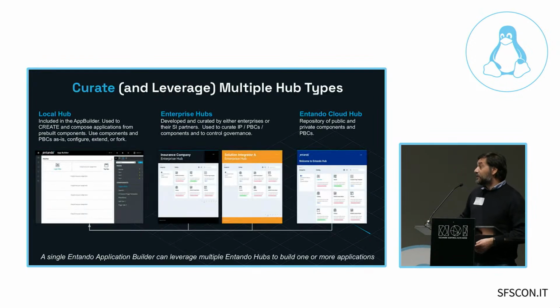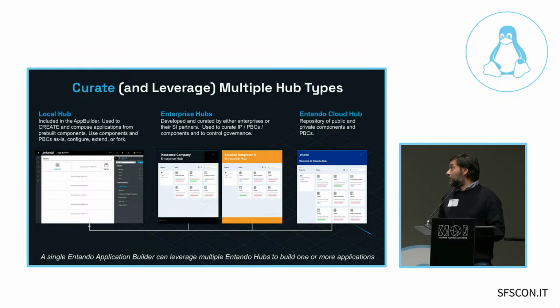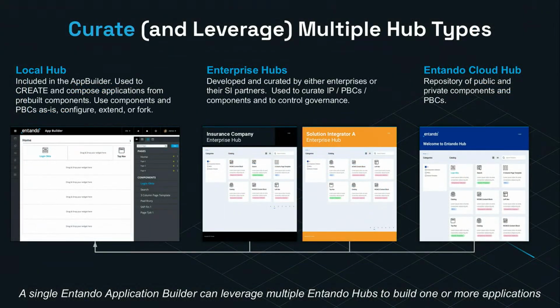You are not bound to just one hub, one marketplace, you can connect your platform to multiple elements like this. You can have our public hub, our public marketplace, but you can even connect your instance to different hubs.